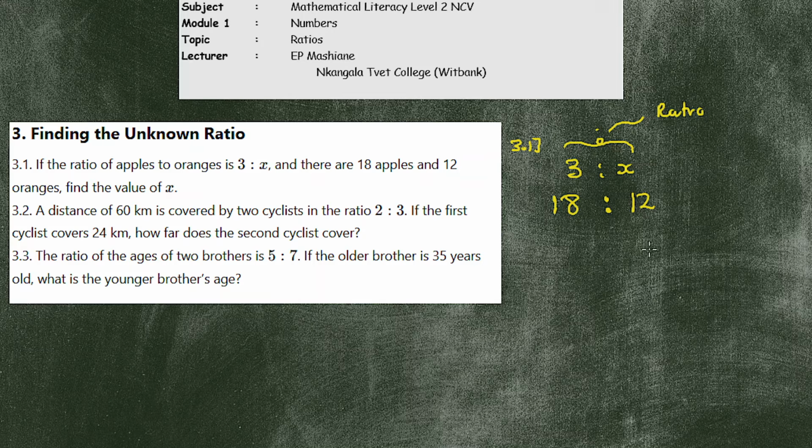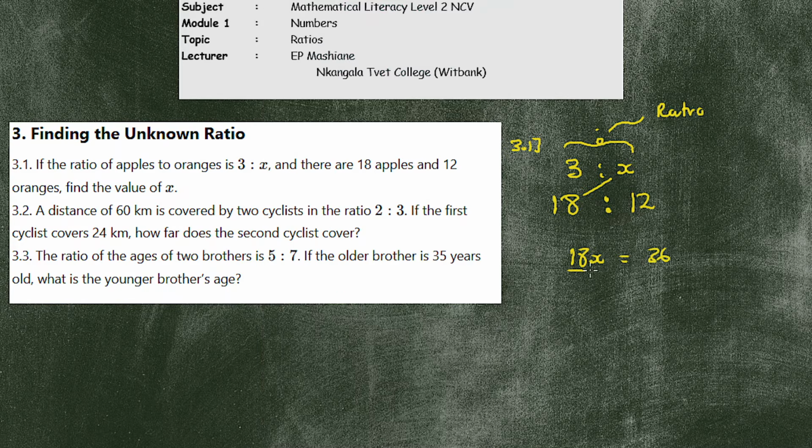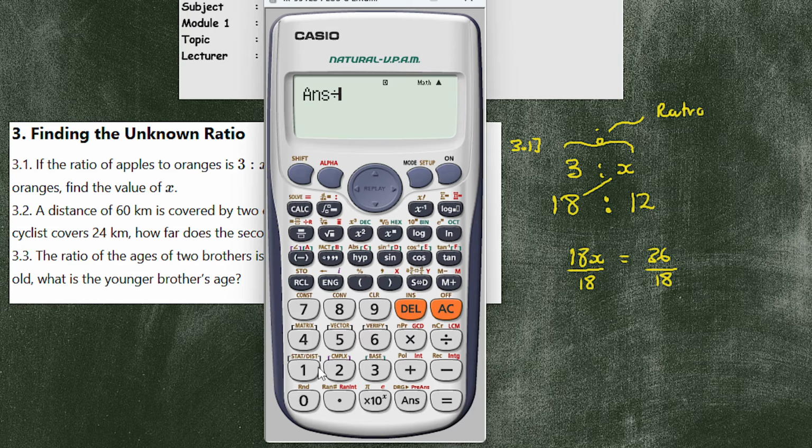So there's 2 ways of doing this. You can do the cross multiplication thing, where you say x times 18, you're gonna get 18x equal to 3 times 12, that's 36. Then you're gonna divide both sides by 18.